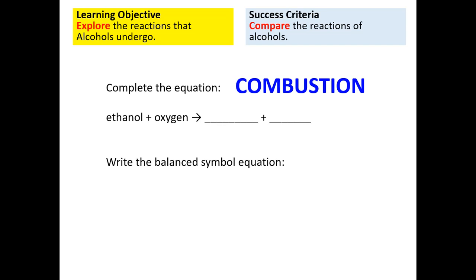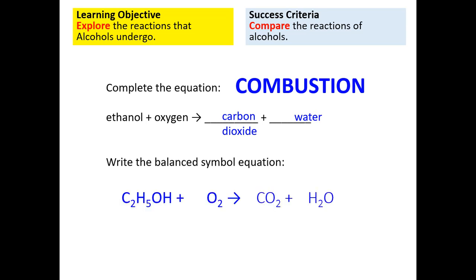Okay, so if we go through it, ethanol plus oxygen gives carbon dioxide and water, like anytime we've got a complete combustion reaction. Symbol equation, so ethanol is C2H5OH plus O2 gives CO2 plus H2O, and then balancing it 3, 2, 3. So if we look at the start, we've got 2 carbon atoms, so we need 2 carbon atoms in the carbon dioxide.